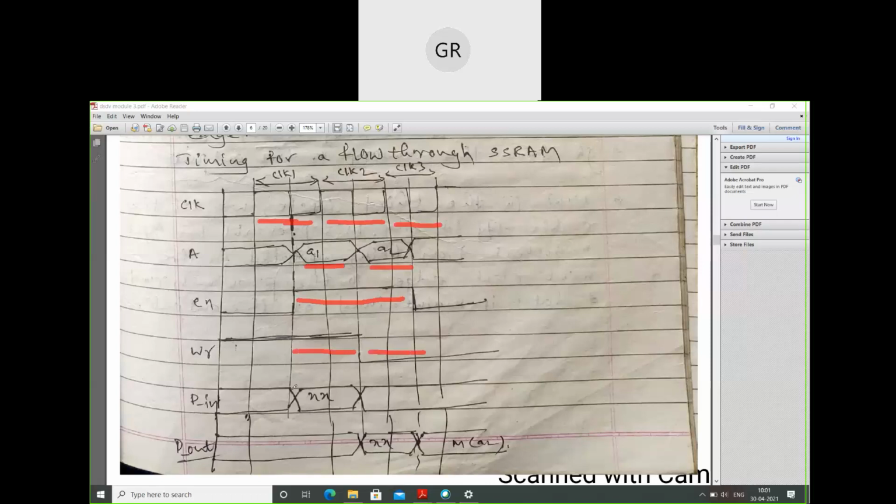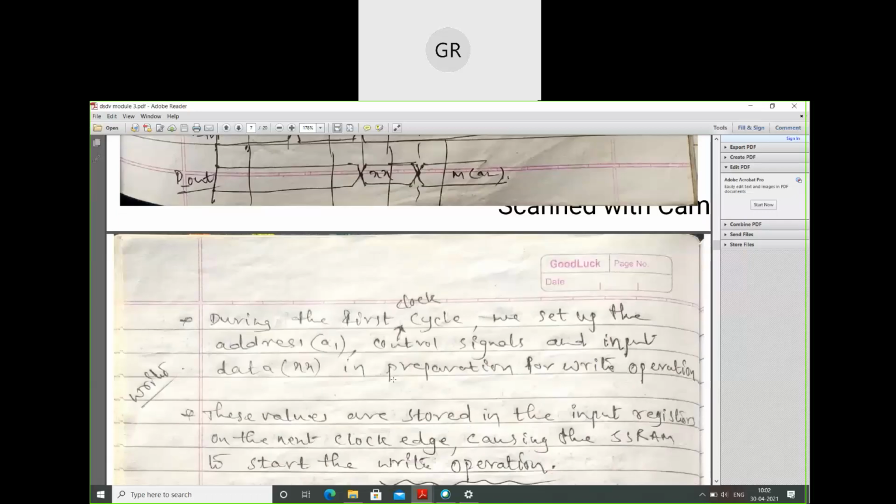Memory 1 and clock 2. Address is A1. Memory address includes clock 3, address is 10. See here during the clock.